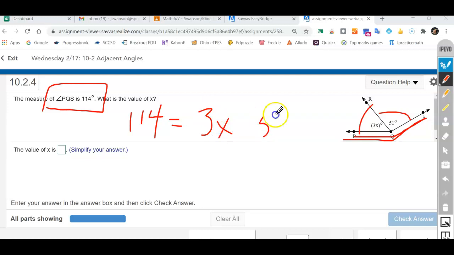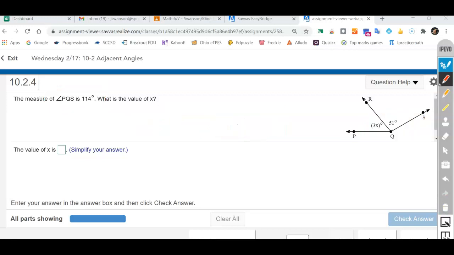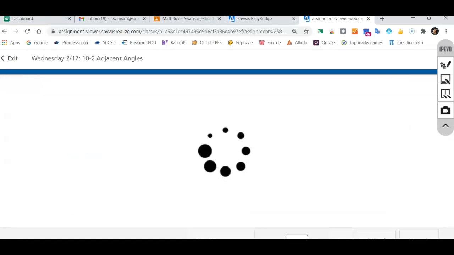RQS is 51 degrees. So all we do is set up an equation saying this angle plus the other angle has got to equal the total 114, right? So we set up an equation and then you got to solve. Just like we did yesterday, right? You had to use that concept of angle measures, what you know about them. How do we set them up? Equal to whatever, and then solve. So that wonderful algebra doesn't go anywhere.